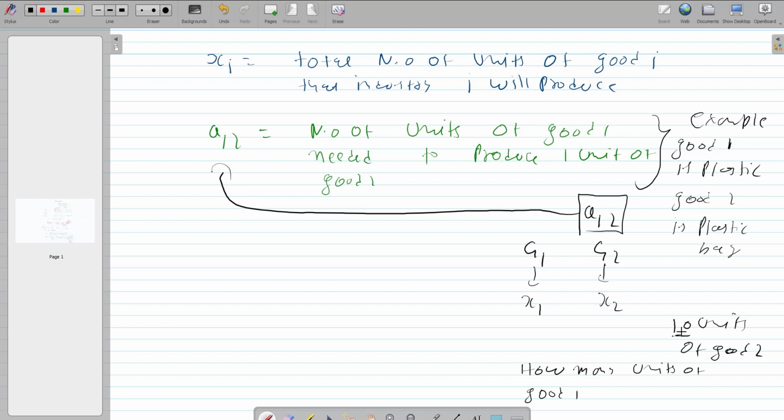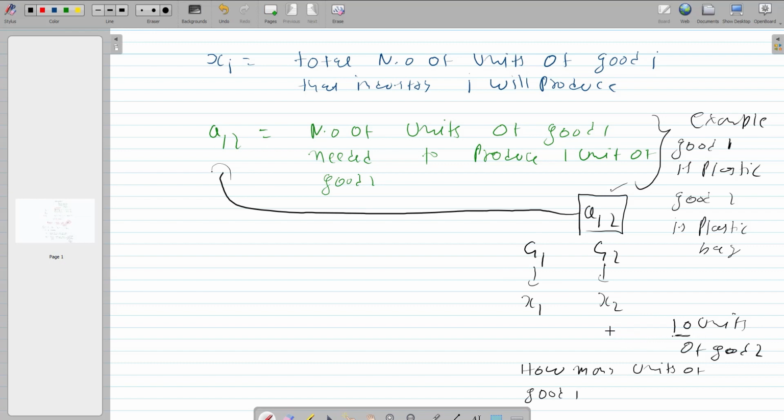To produce 1 unit of good two, you need a12 amount of good one.